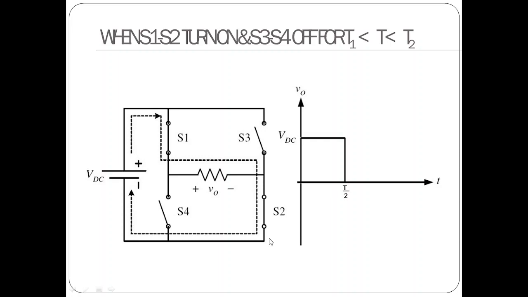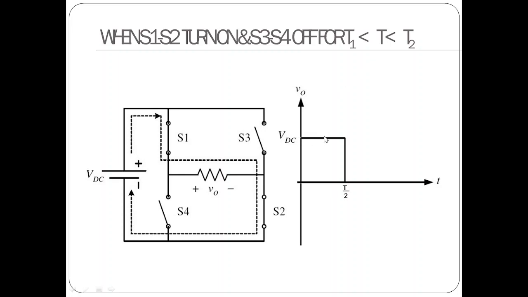So when the supply is there, the VDC voltage that appears here is given as the square waveform, and the time is T by 2. So here T lies between T1 and T2. This is the range of the time where this switching action takes place. The output voltage VDC is as shown.